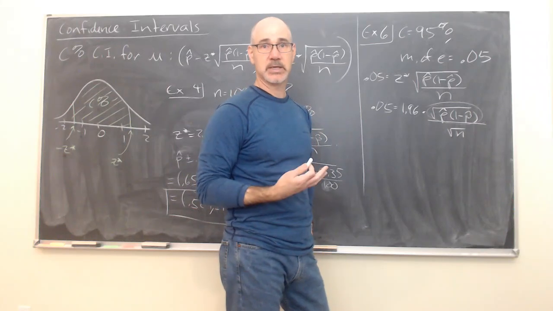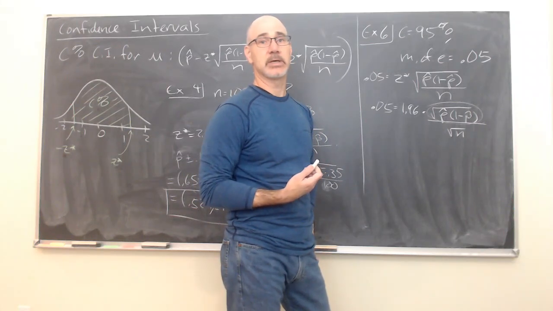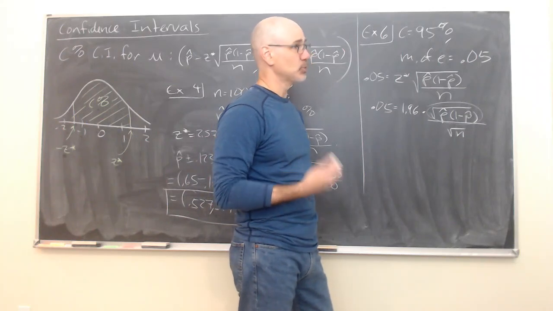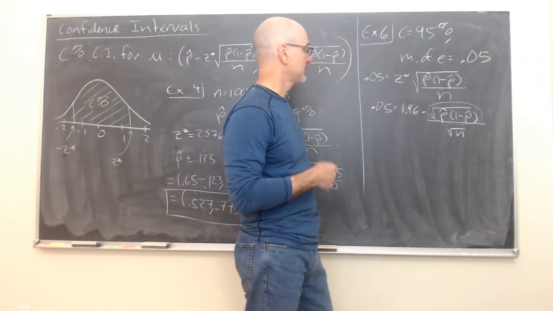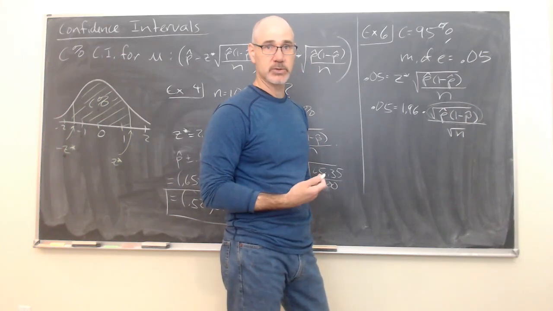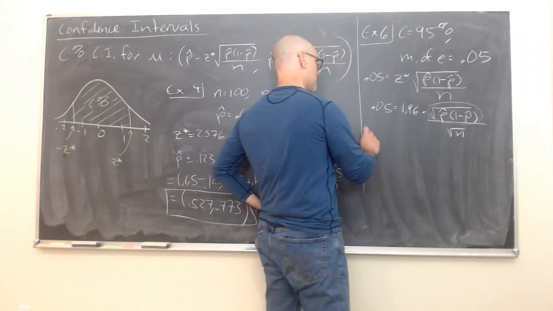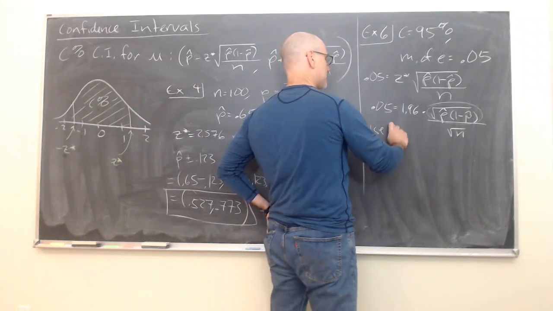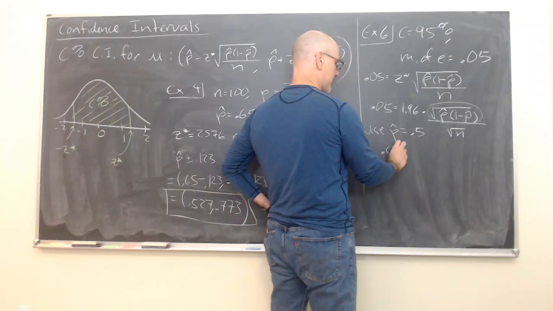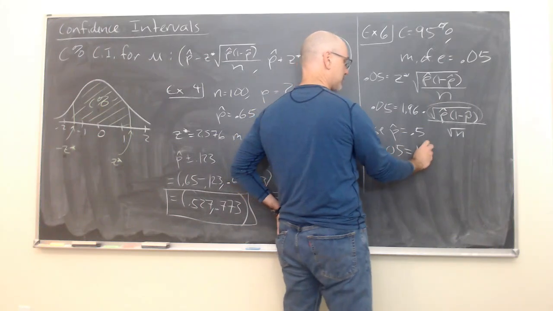So this is going to tend to overestimate the number we need in the sample, but it's better to be sure to have too much information than too little and miss your requirement. So here we're going to use p hat equals 1/2 as a way of getting around actually needing the p hat.